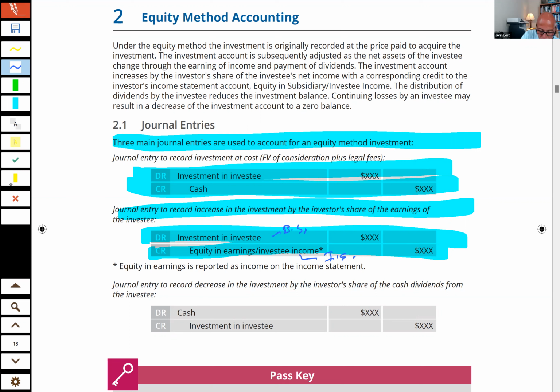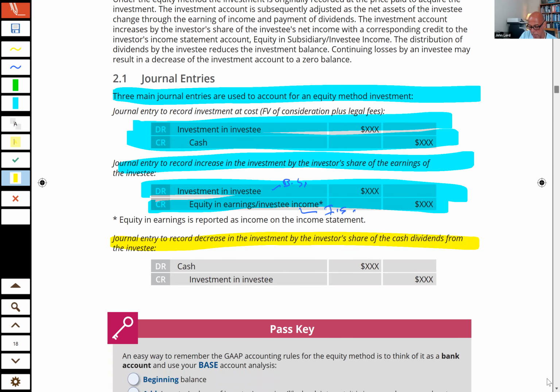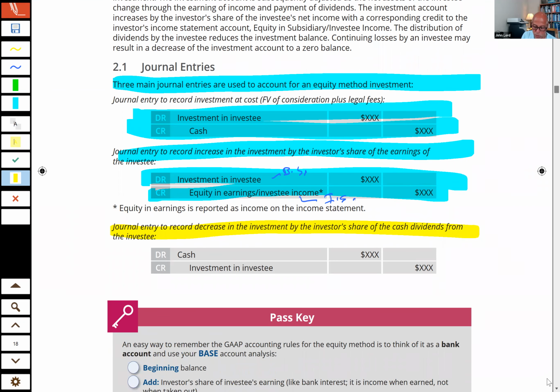Now, the problems will also tell you that there is a dividend that is paid. They'll probably give you the whole dividend that was paid out. The portion that would be attributable to the company investing under the equity method would be what? The percentage of the entire dividend, times whatever percentage of the stock they own that's given in the problem.